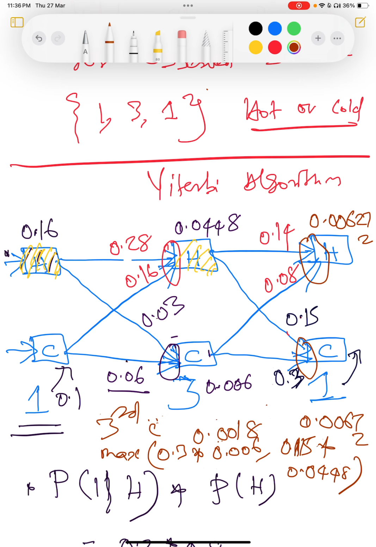The maximum of it is going to be 0.00672.